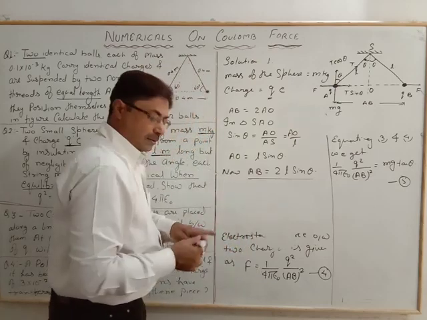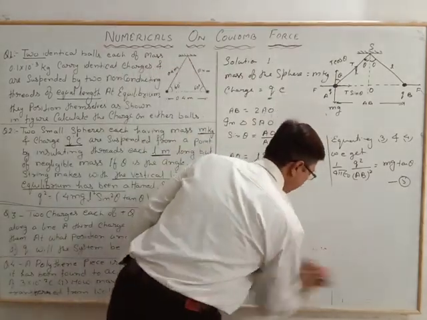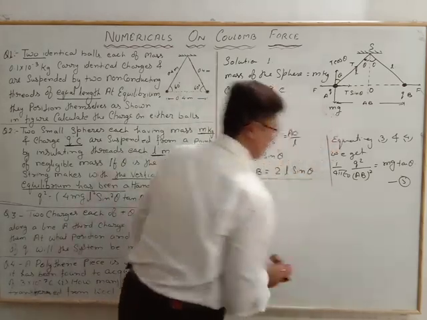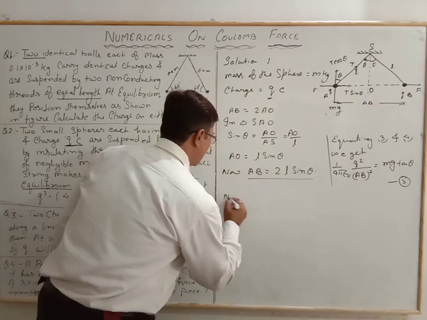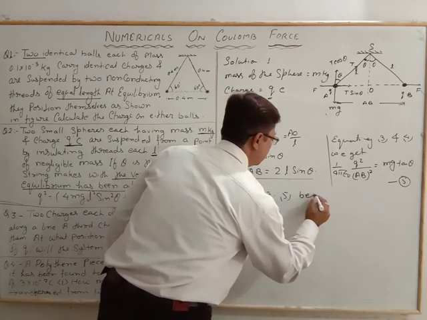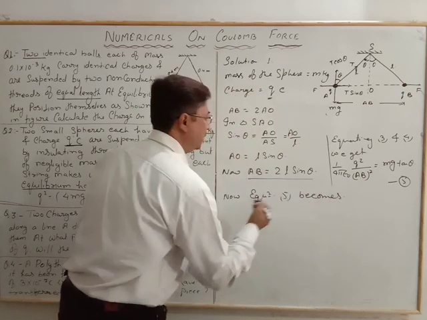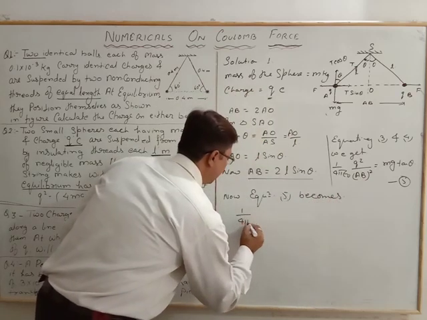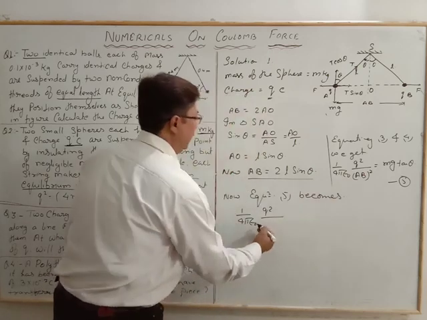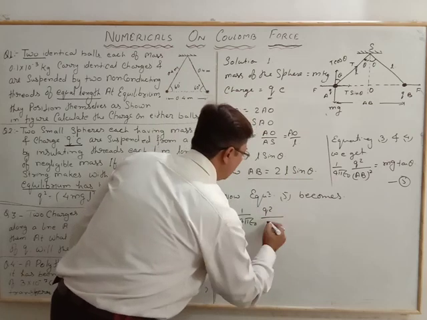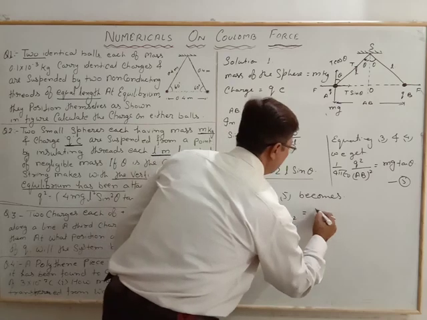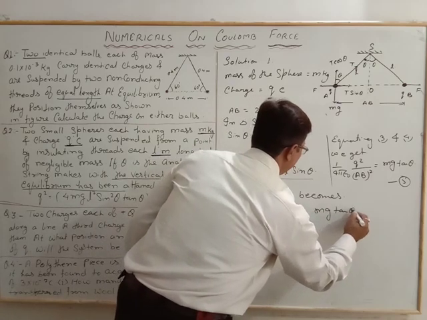So equation 5 becomes 1 by 4 pi epsilon naught Q square by, in place of AB square we will write 2L sin theta whole square, and that is equal to mg tan theta.